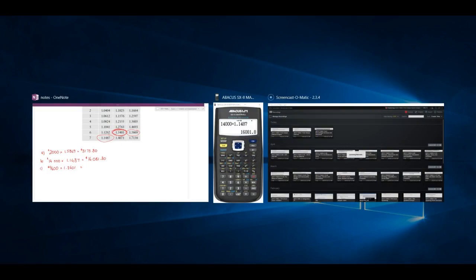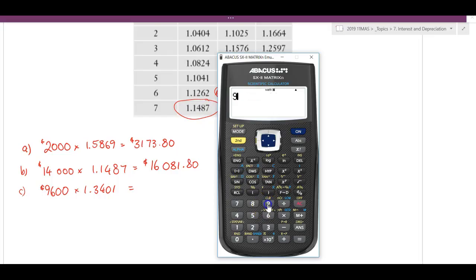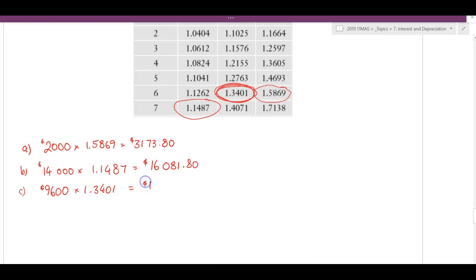When I do that, 9,600 times 1.3401, I get 12,864.96. Okay, but that is the final balance.